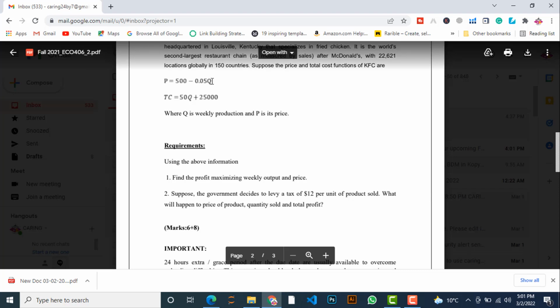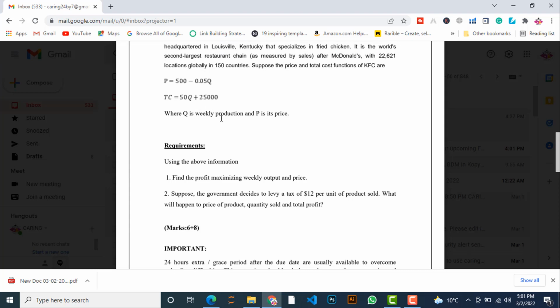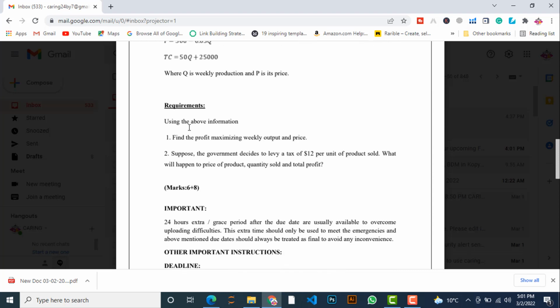These two functions are formulated to get quantity on a weekly basis. Requirement: using the above information, find the profit maximizing weekly output and price. Suppose the government decides to levy a tax of $12 per unit of product sold. What will happen to price of product, quantity sold, and total profit?